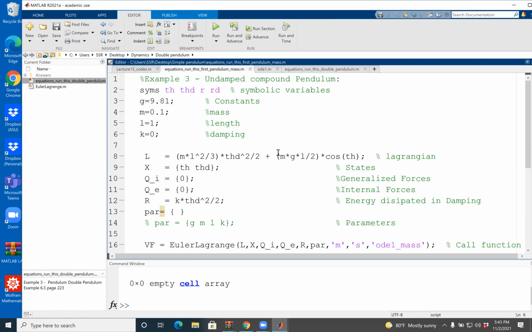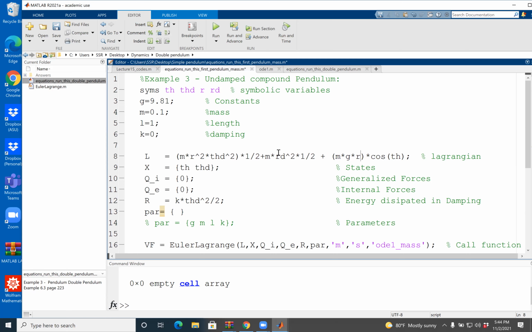So state, then I need to write down the Lagrangian, which is M times R square multiplied by THD square, just make sure multiplied by 1/2, plus 1/2 M times RD square, then m g r cosine theta.